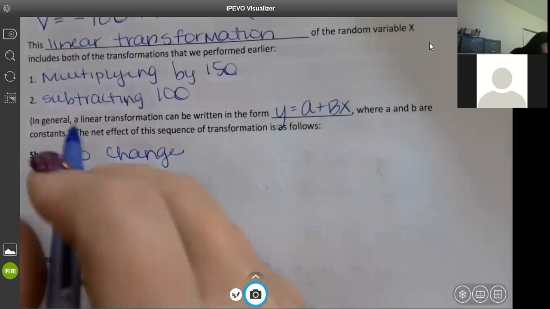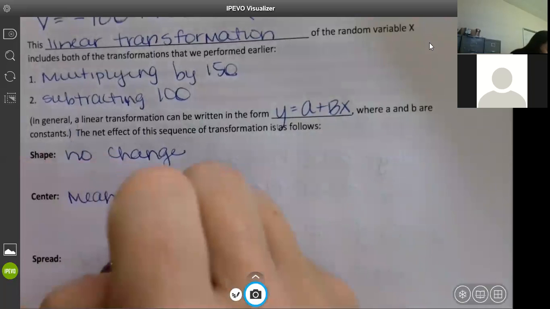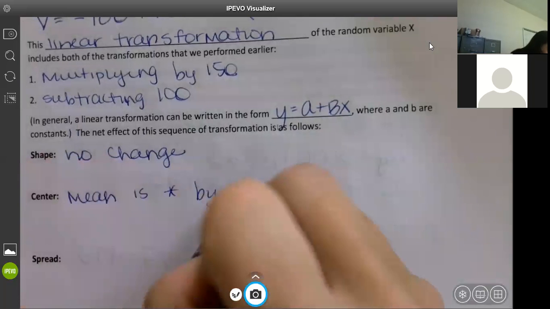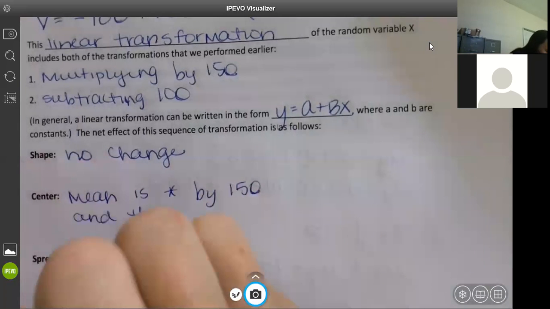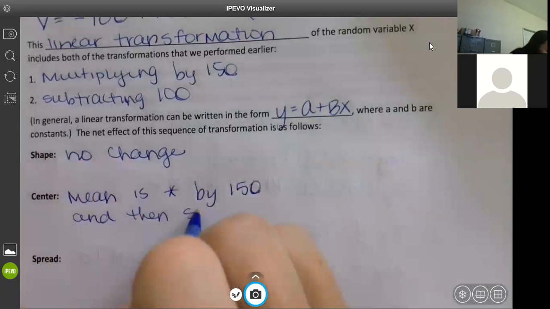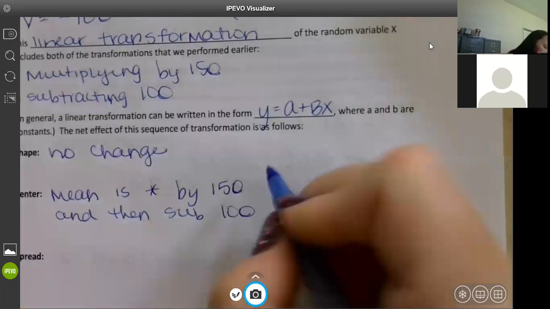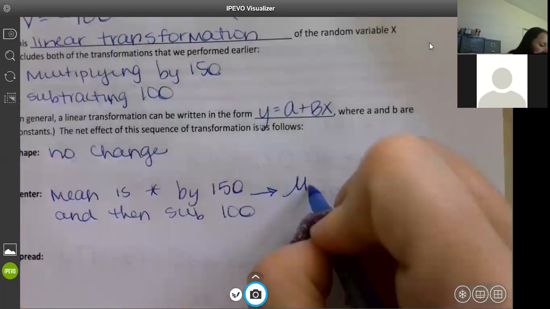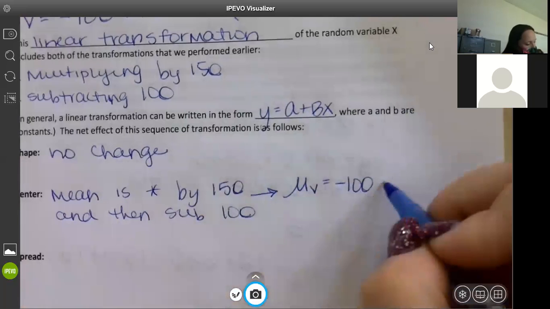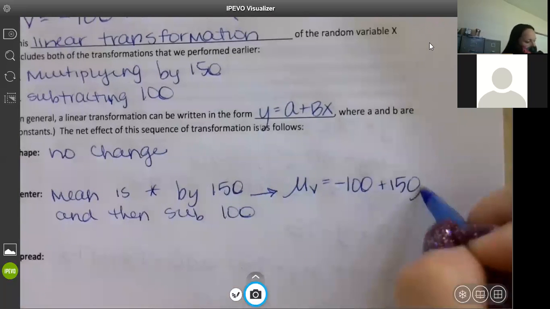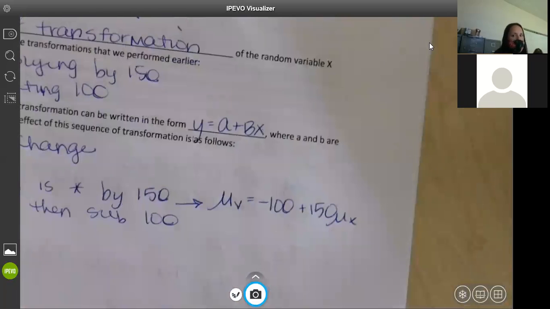So mean is multiplied by 150. And then subtract 100. So what would that look like? The mean of V, you would subtract that 100 and multiply by 150, the mean of X. Sorry, y'all.